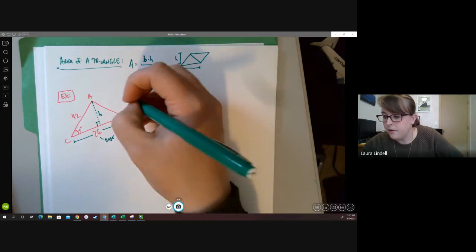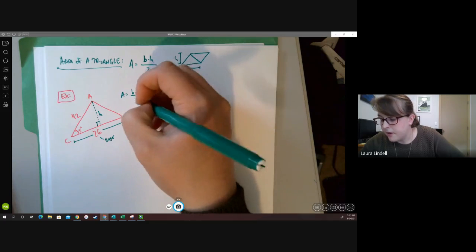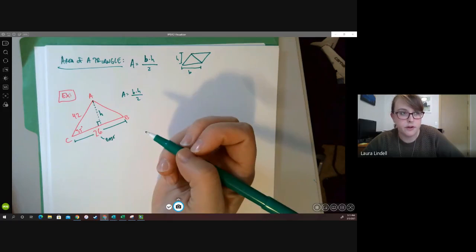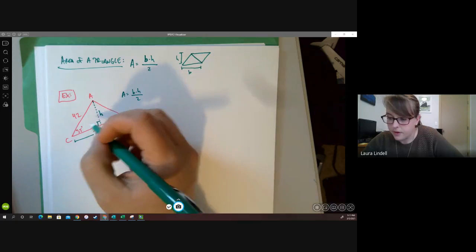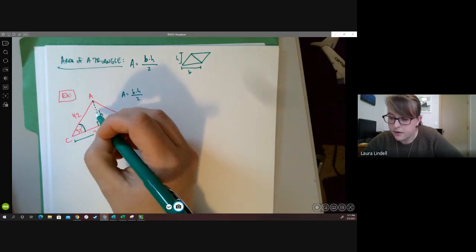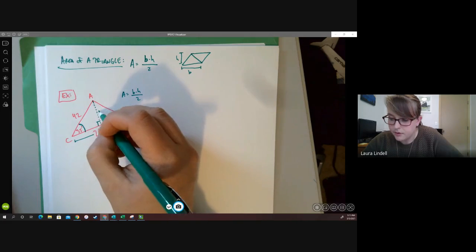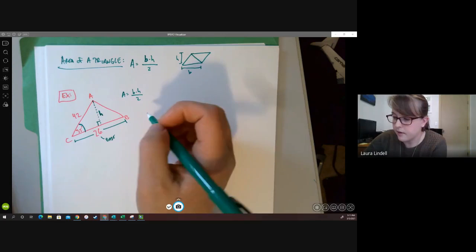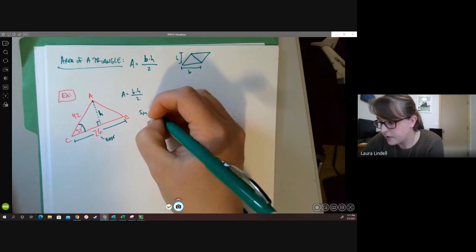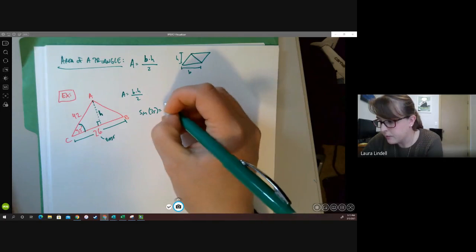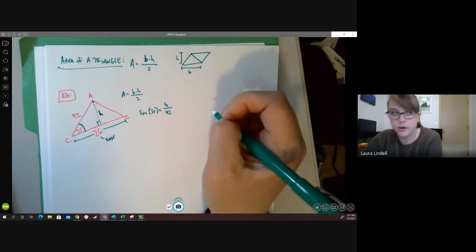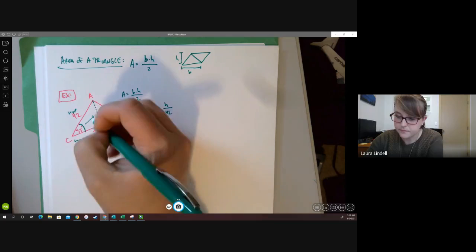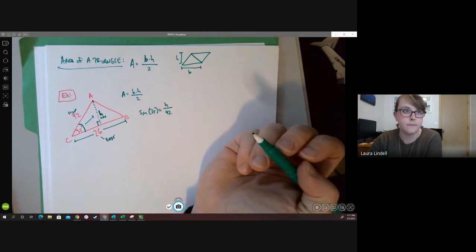So then, if area is base times height divided by 2, I can just use this right triangle that I have formed here in order to find the height. So if this is the angle that we're using, and this is the side that we're using, and I want to find h, I can just use sine.